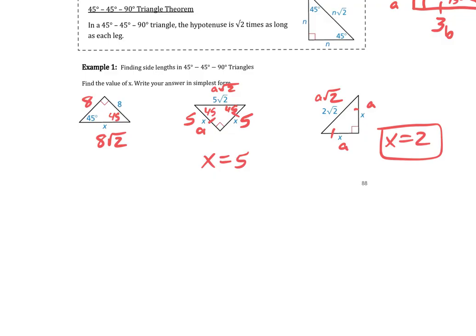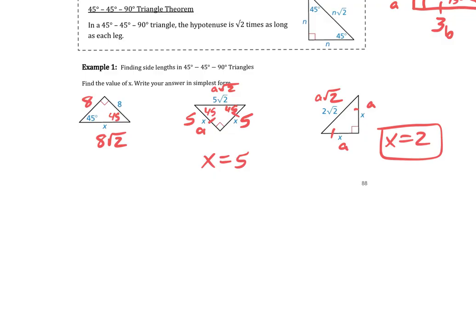We're going to label this as 45. We're going to label this as 45. And then we're going to label this side as A, and A radical 2. And we're going to do it to both sides. So once you got it done on one side, you're going to flip it over and you're going to do it on the back side as well.